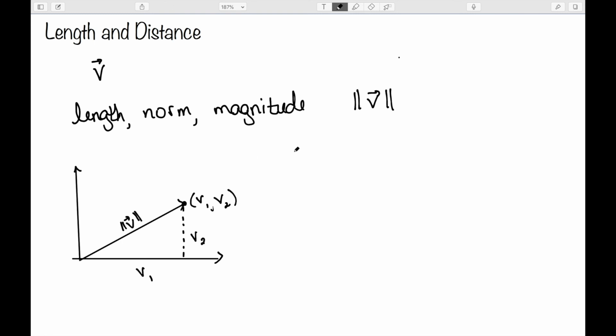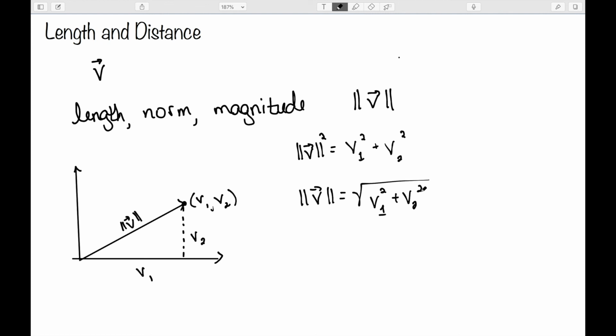So using the Pythagorean theorem, we have that the hypotenuse squared is equal to the sum of the legs squared, a squared plus b squared equal to c squared. Taking the square root of both sides is the square root of v1 squared plus v2 squared. So this is how we would find the length in 2 space. And there are similar extensions in higher dimensions as well.